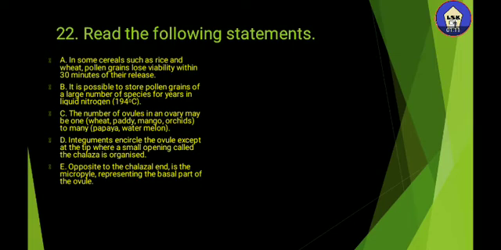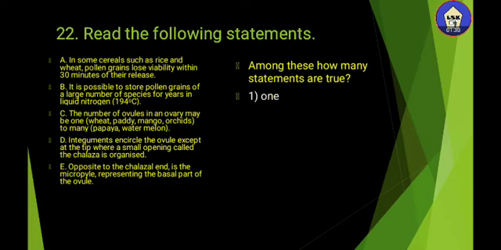Micropyle is not representing the basal part. Chalaza is representing the basal part. So E is wrong. Then what should be the right answer? They are asking how many statements are true. Just now we said D is wrong, E is wrong. So A correct, B correct, C correct. Then the answer should be 3.